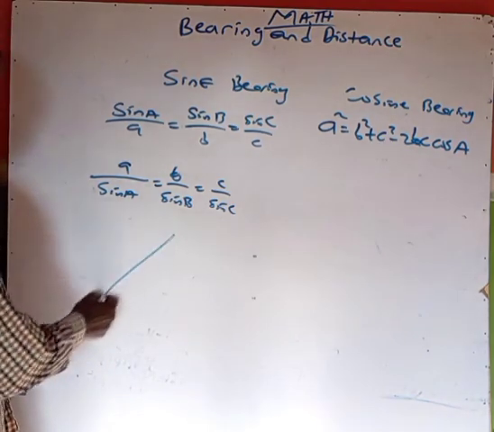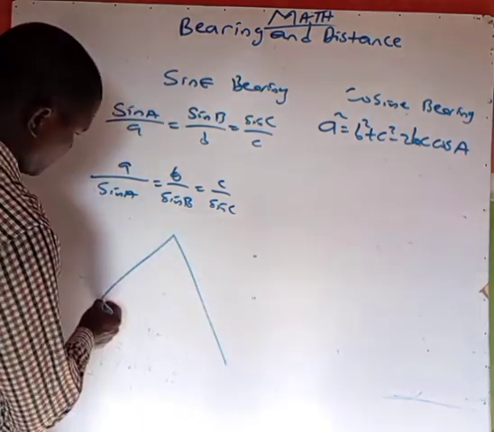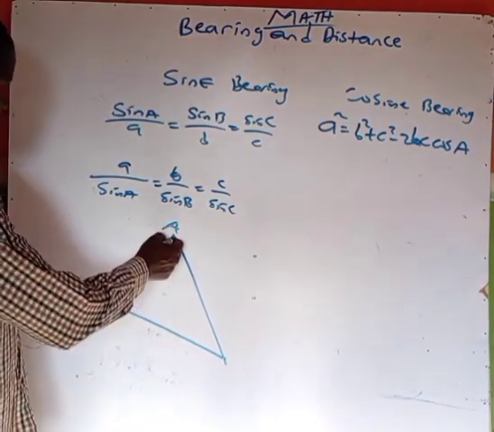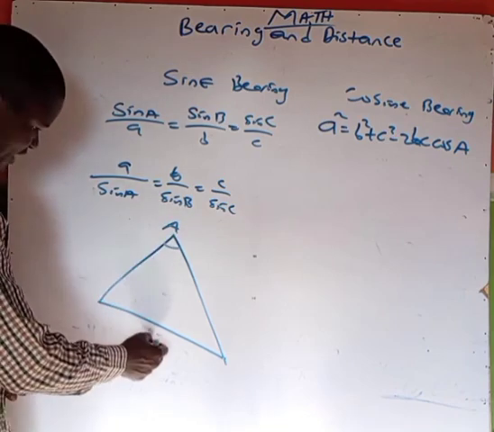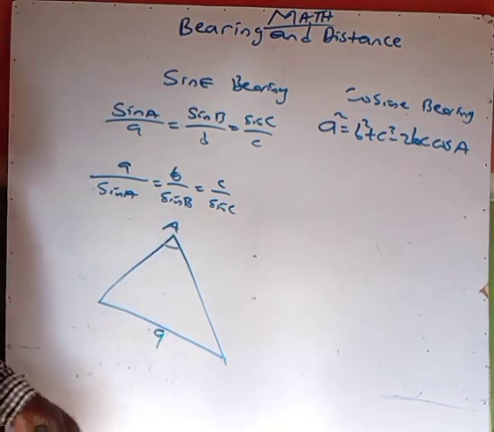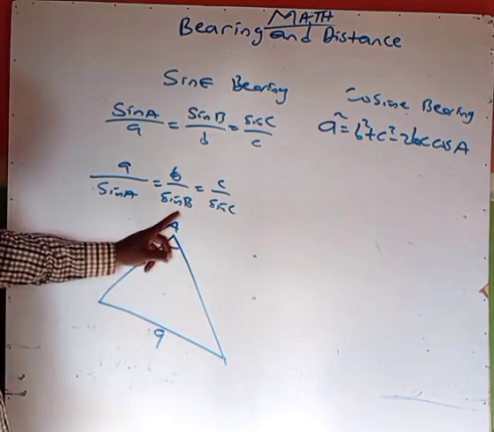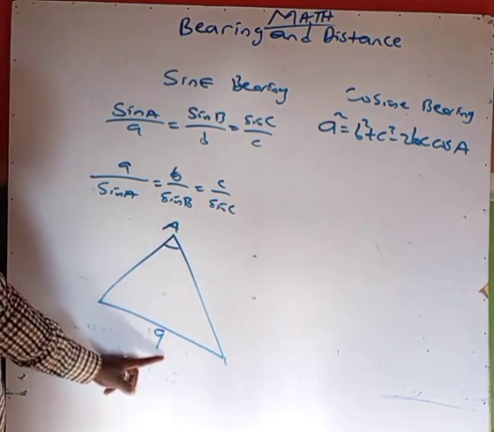Look at it. If you draw your triangle, you are given one angle here together with its side. So for sine bearing, you will always be given an angle and its side.